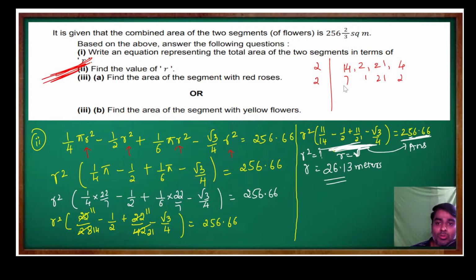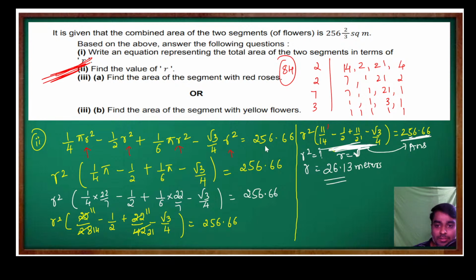Then we'll go for 2 again, 7 as it is, 1 as it is, 21 as it is, 1 here. Now I will take 7, 7 1s are 7, 3 1s are 3. Then I will go for 3, 1, 1, 1, 1, everywhere 1. This is the LCM. 2 2s are 4, 4 7s are 28, 28 3s are 84. 84 is the LCM.